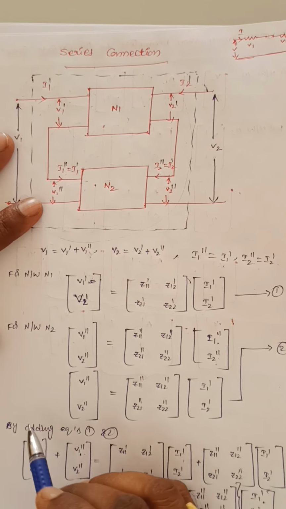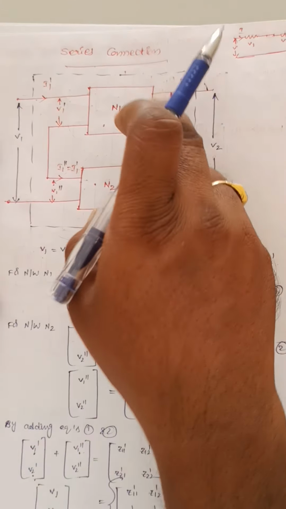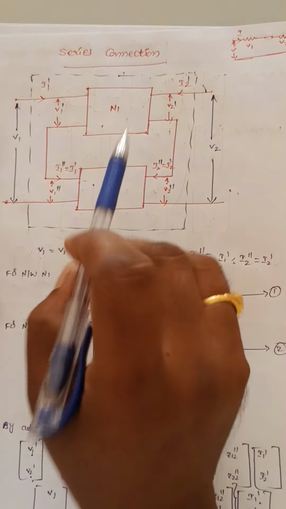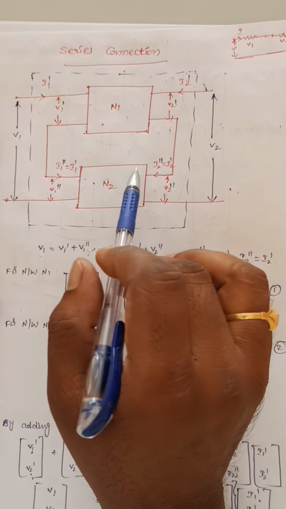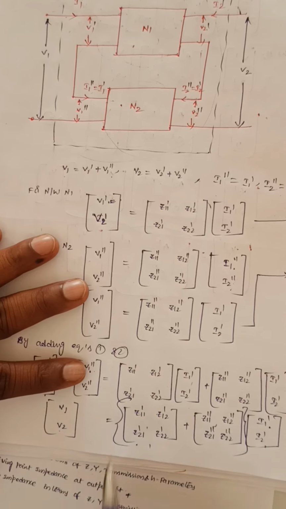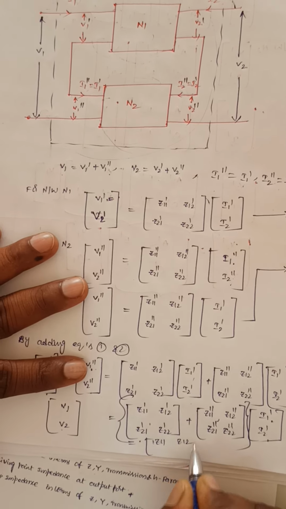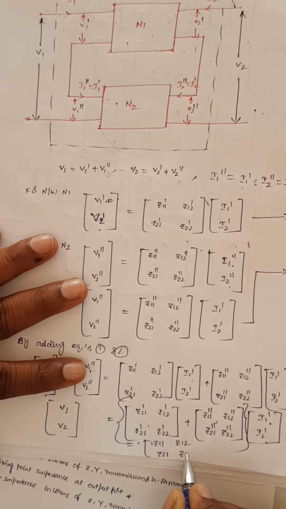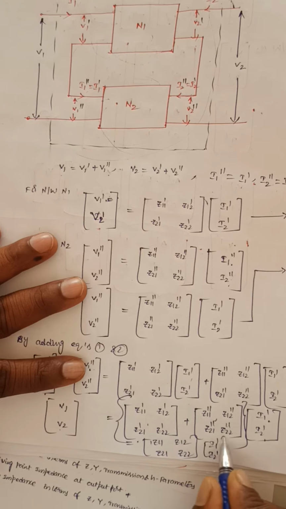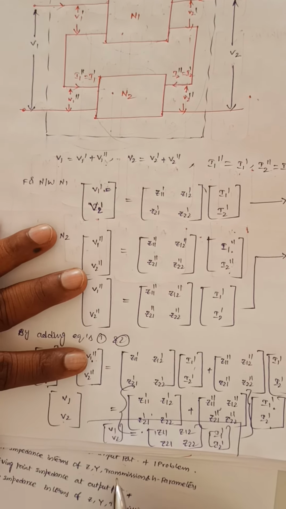Finally, what I want to say here is, if I want to find the Z parameters for the series connection of these two networks, we just need to add the Z parameters of N1 with the Z parameters of N2. So it will become like this: Z11, Z12, Z21, Z22 into I1 dash, I2 dash, and here it is V1, V2, right?